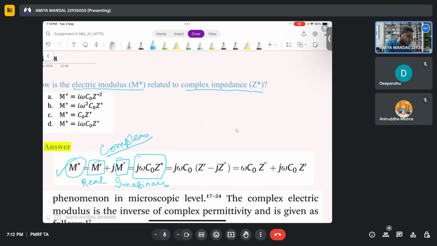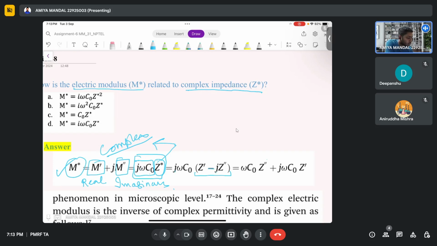We are multiplying j omega C naught with this Z star. This is also complex. This gives Z dash and Z double dash. The j times j multiplication gives minus, and minus with minus gives plus value.